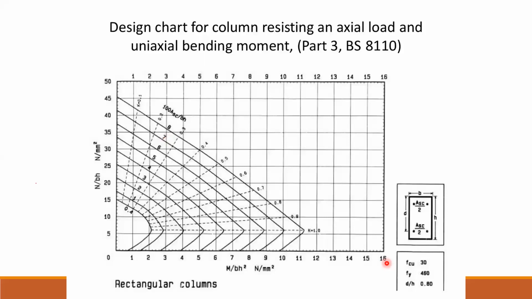Design charts for columns resisting axial loads and uniaxial moment. Here d over h is equal to 0.8, then you can find 0.85, 0.9, 0.95, etc.